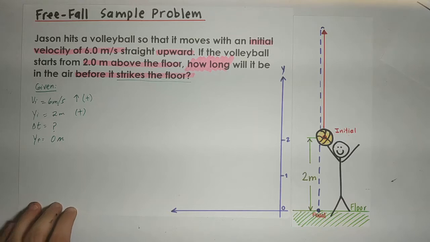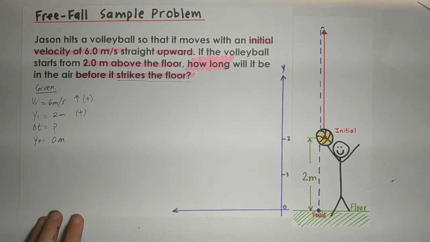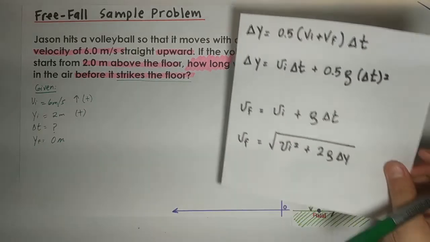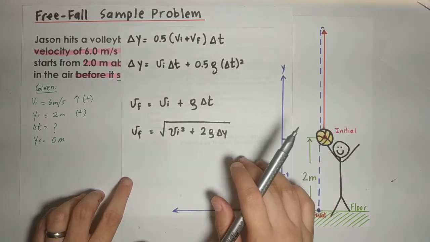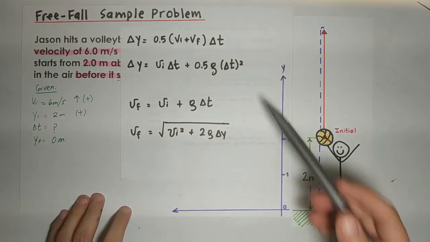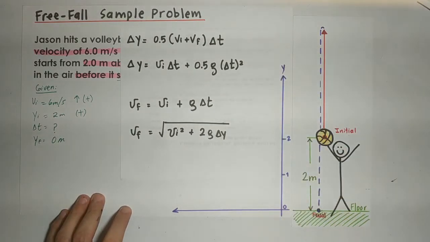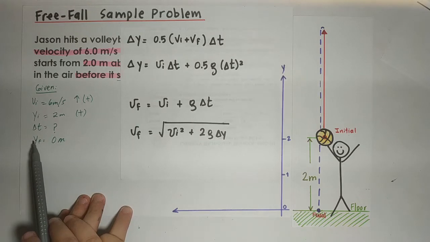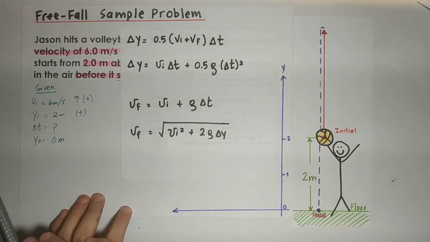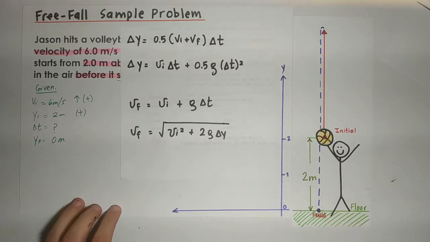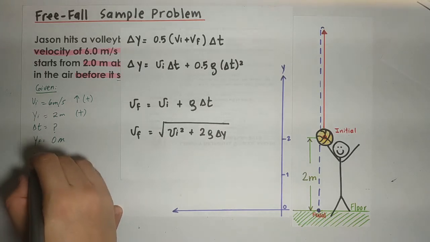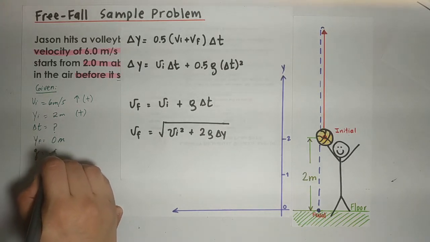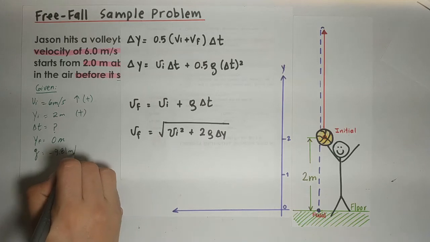Now let's see. We need to find the time. Now from the equations that we have here, the first three have the time in them, and I just have initial velocity and two positions. There's another given that is implicit in every free fall problem, that is gravity: negative 9.81 meters per second squared.